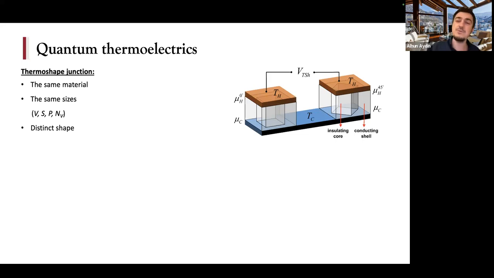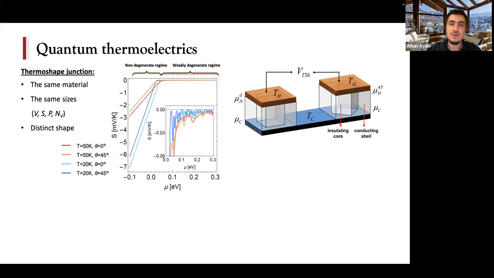But here, due to the shape difference, the transport properties of the particles also change. This is a demonstration of that. When you calculate the electrical conductivity, thermal conductivity, and Seebeck coefficient, for example, this is the Seebeck coefficient at different temperatures and different angles, you see that it is different, especially in the non-degenerate regime.